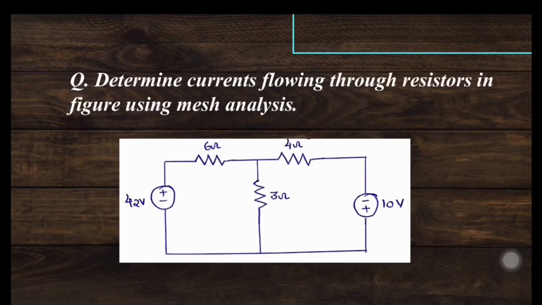In the first step, we are supposed to check whether this network is planar or not. How can we check? A network is said to be planar if it can be drawn on a plane surface without any crossovers. Can you see any crossovers present in this network? No, so we can say that it's a planar network.